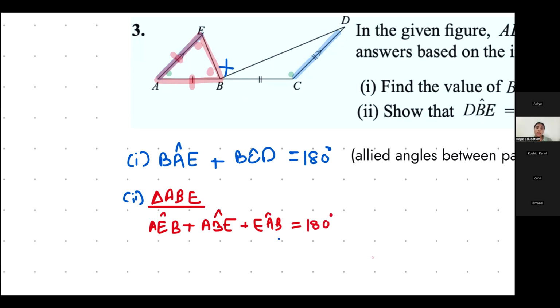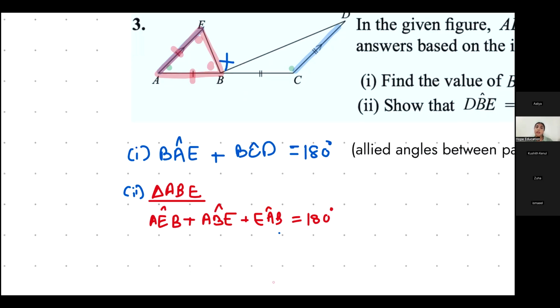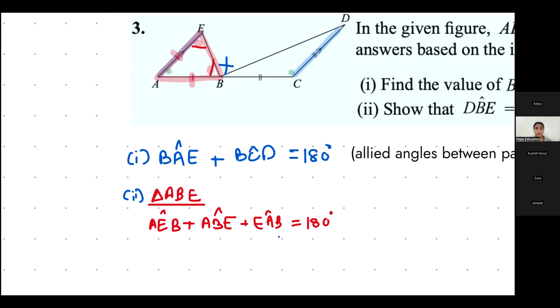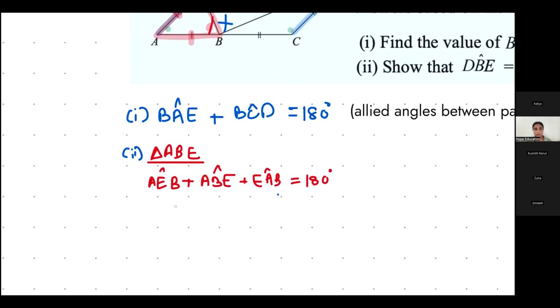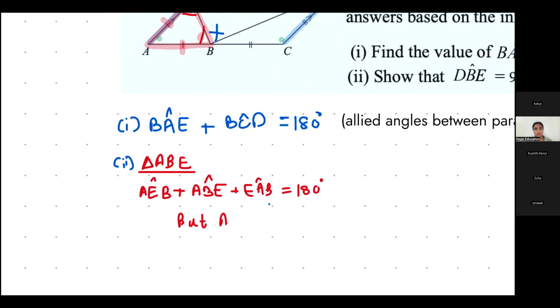At the same time, we know AEB and ABE are equal, but AE equals AB. Reason: sum of interior angles of a triangle.